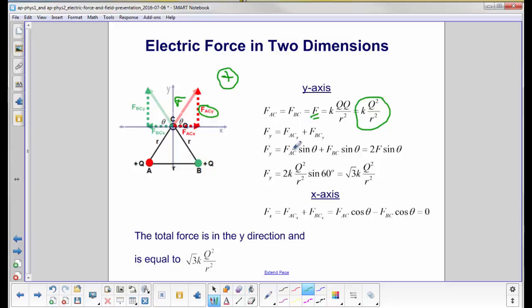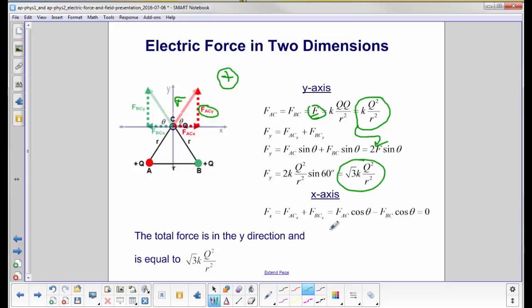We know that force of AC equals force of BC equals F. So we have 2F times sine theta. We plug in the value of F, kQ squared over R squared, into F. We now have 2kQ squared over R squared times the sine of the angle, which we found to be 60, and we get this answer here.